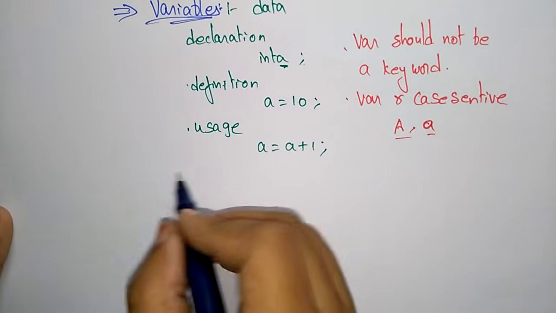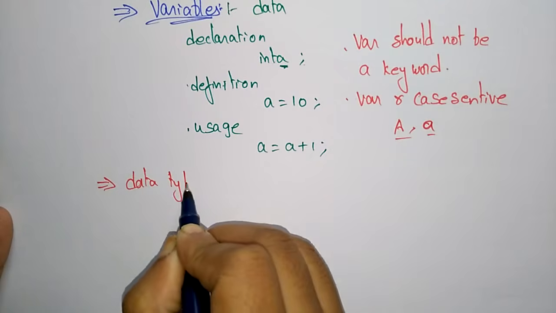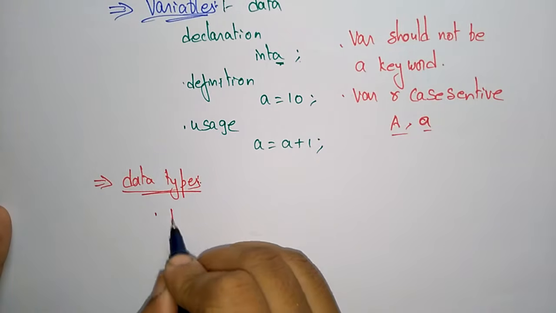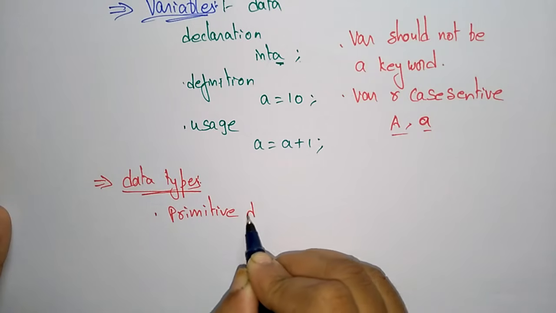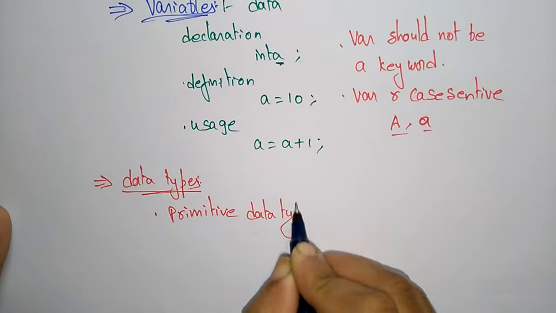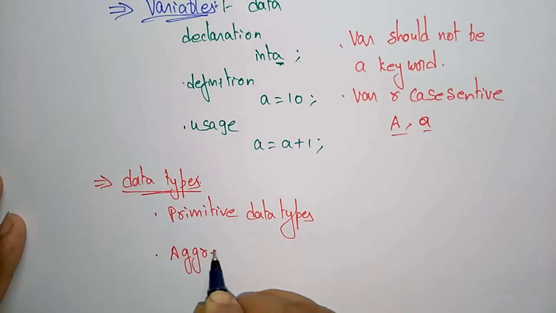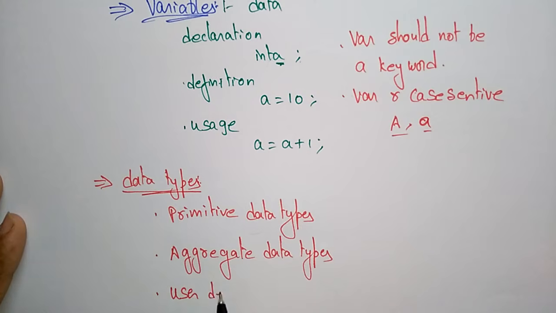Next, what we will use is data types. So the data types in C language are of different types: primitive data types, aggregate data types, and user defined data types.